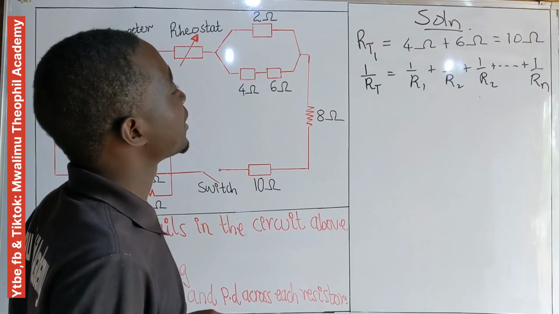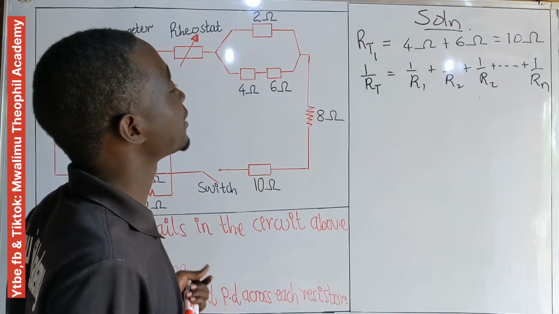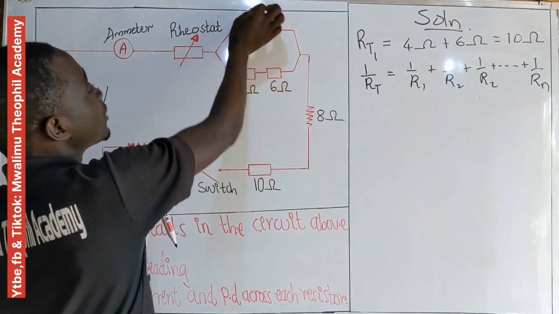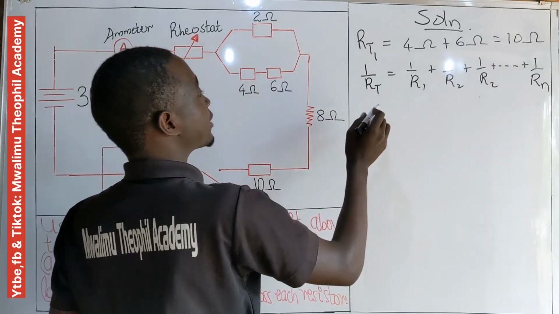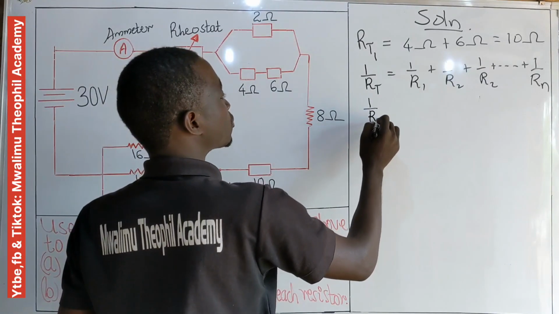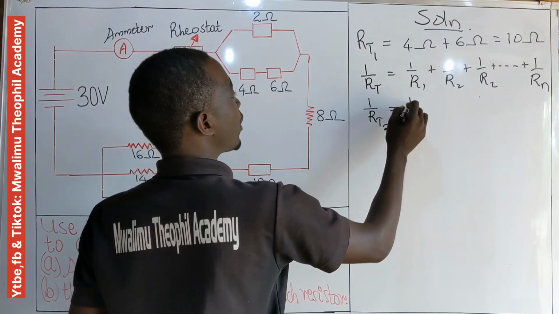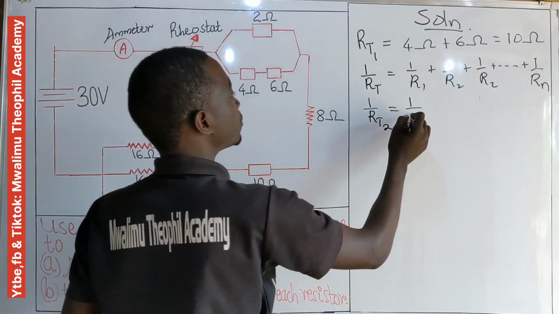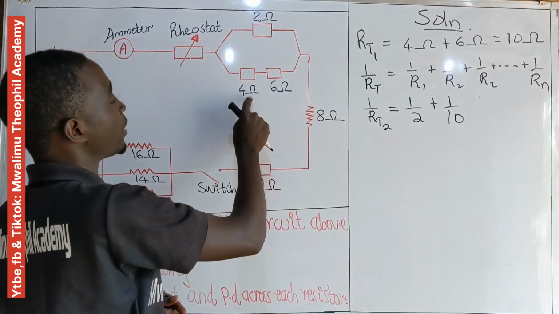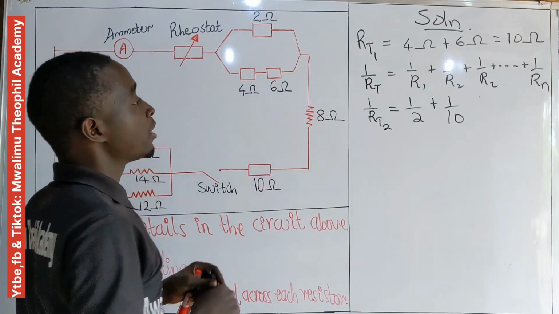Maybe you have 10 resistors, 12 resistors, 13 resistors, and so on. Here we are going to have only 2 resistors. Let's call their sum R total 2. We have 1 over R total 2 equal to 1 over 2 plus 1 over 10. Remember, we have already combined 4 and 6 to be 10.